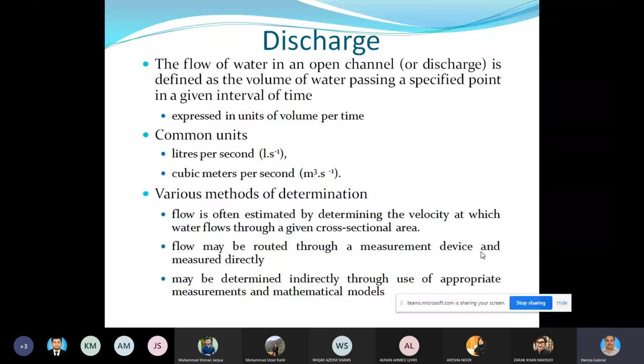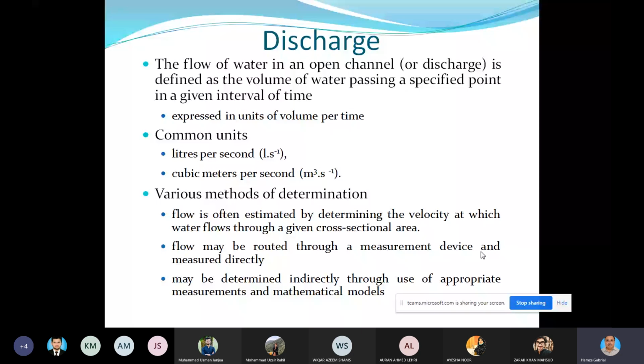Liters denotes the volume, and second, the unit of time. So how many liters are passing in a unit time, that is per second, or we can measure it in cubic meters per second, that is cumecs, or in the old FPS system, cubic foot per second, cusecs. So these are the commonly used units for the discharge measurement.